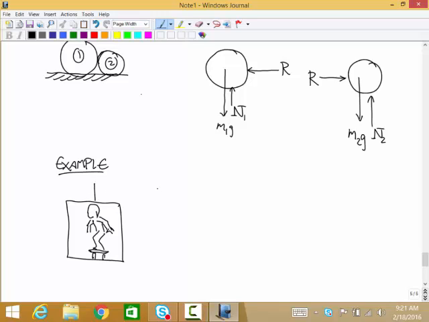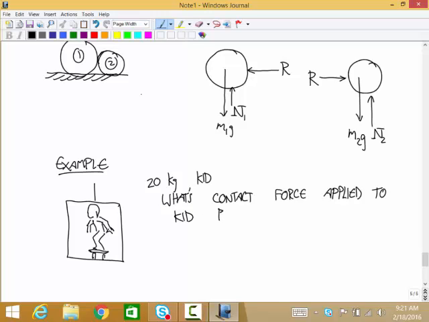The kid is 20 kilograms. And the question is, what's the contact force applied to the kid by the elevator, first, if the elevator's at rest.